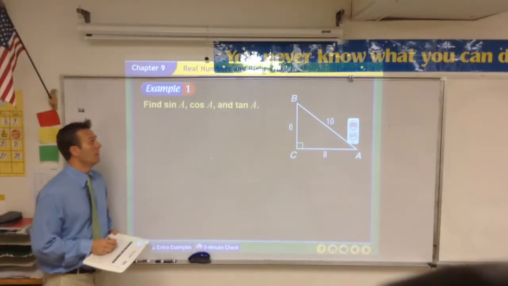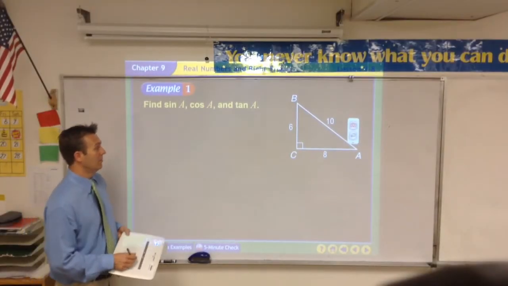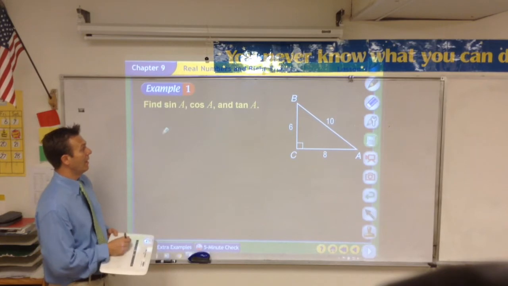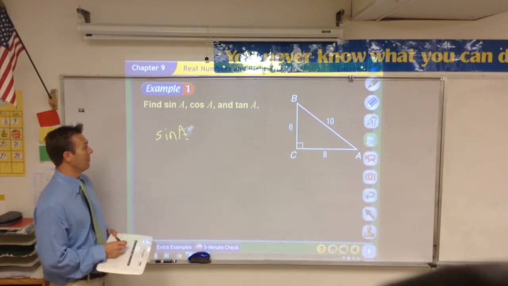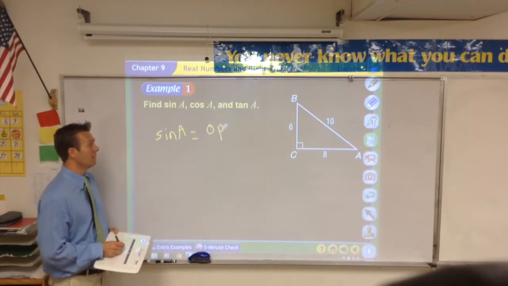Alright, so finding the sine of A. To find the sine of A, you look at the angle A, and remember that if we're looking for the sine of A, we're looking for the opposite over the hypotenuse.